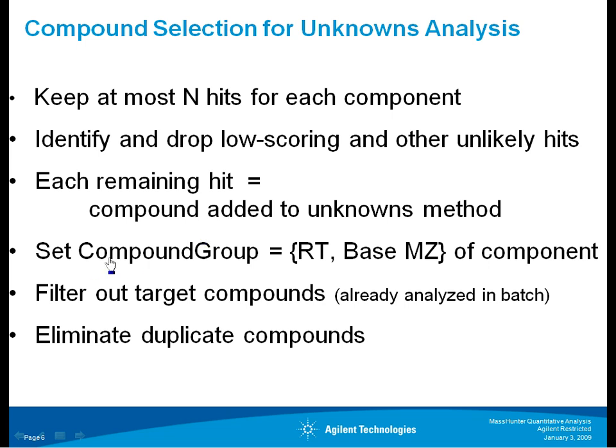We set a column at the compound level, which records the retention time and base m/z of the component. Then there's a filtering step to make sure that the target compounds, which have already been analyzed in the target batch, are not re-reported. And then there is elimination of any duplicate compounds so you don't get multiple hits for the same compound.